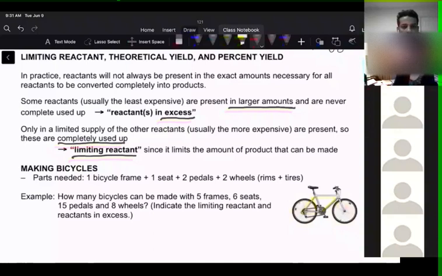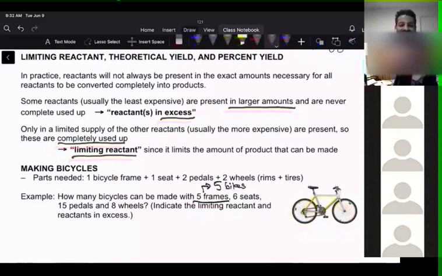If the shop has 5 frames, from that 5 frames, we could make how many bikes? We could maybe make 5 bikes. If there are 6 seats, you could make 6 bikes, but there's only 5 frames, so you're not going to sell a bicycle with no frame, right?